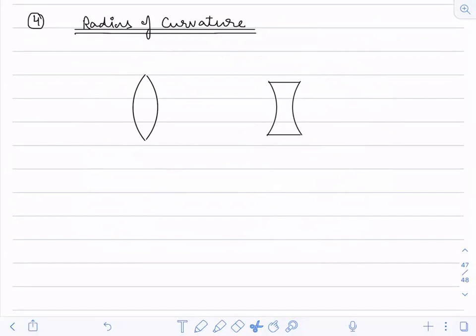What is radius of curvature? Radius must be a distance. That is a hint I am giving you. Radius must be the distance.